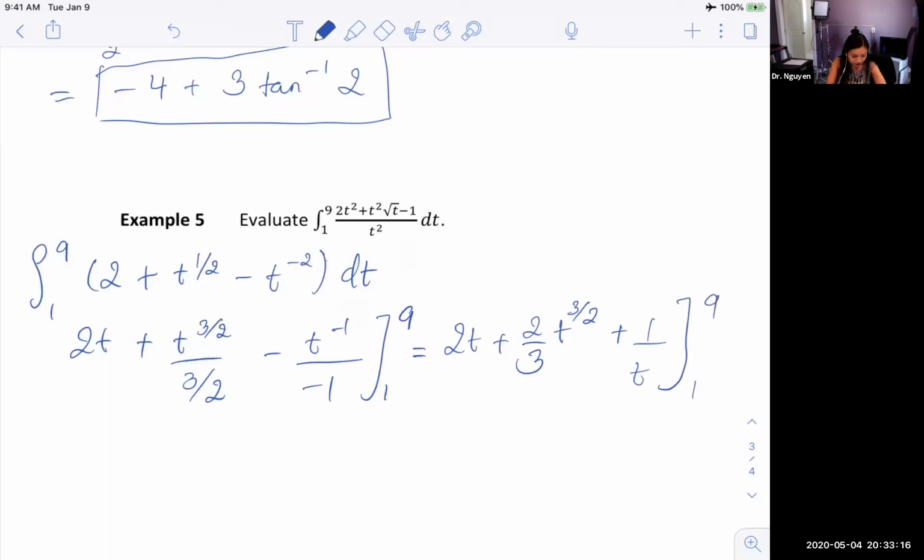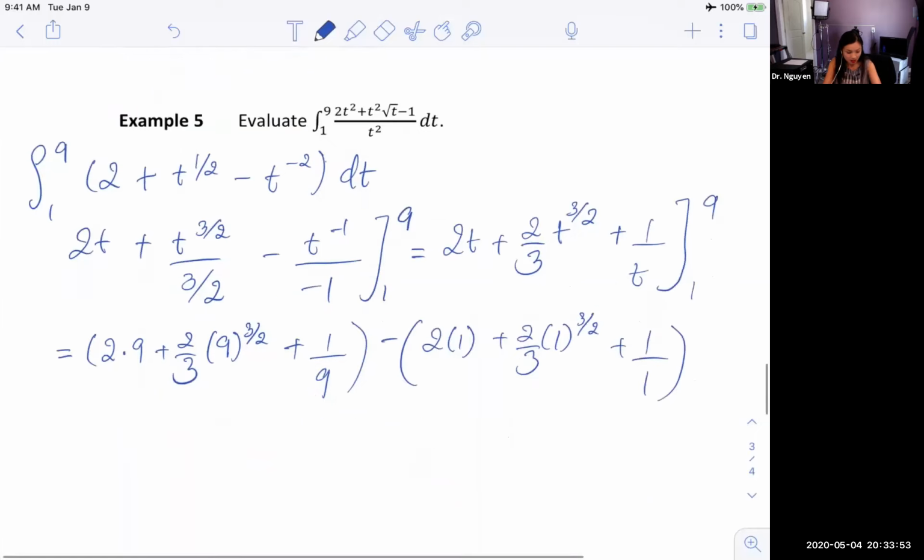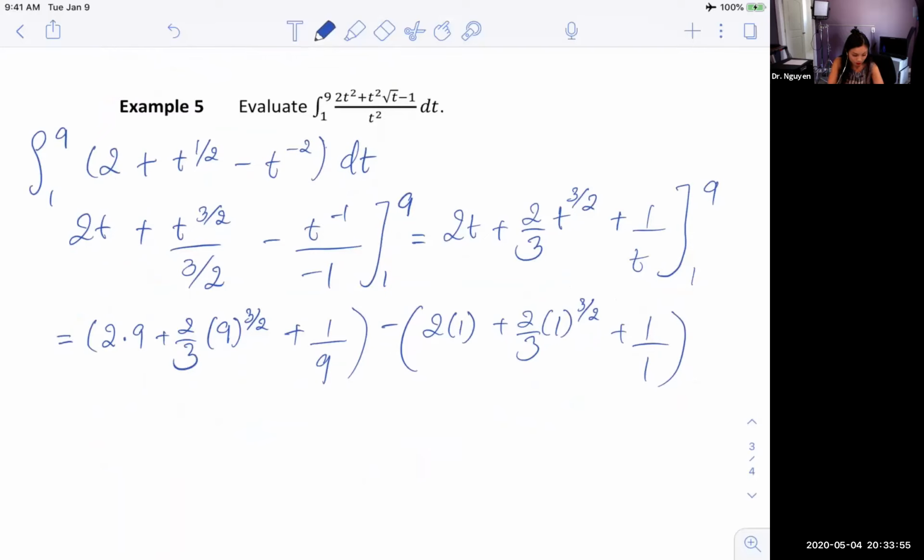So what I have is 2 times 9 plus 2/3 times 9 to the 3/2 plus 1 over 9. So that's the first part. And then you subtract 2 times 1 plus 2/3 and 1. I try to write down everything. Okay, and then after that, you can use your calculator if you want.